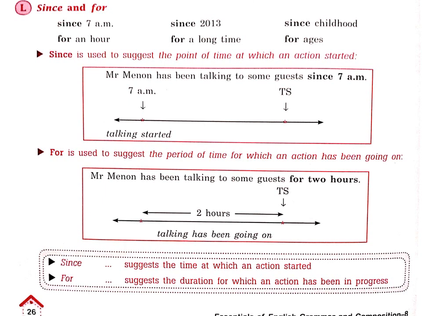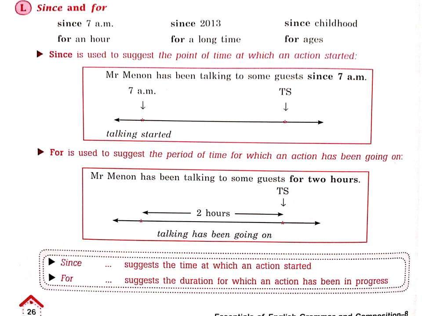Mr. Menon has been talking to some guests since 7 a.m. Right? We get it. For is used to suggest the period of time for which an action has been going on. So since is for the point of time which started and for is for the period of time which is going on. Madam has been talking to some guests for 2 hours, not certain basically.